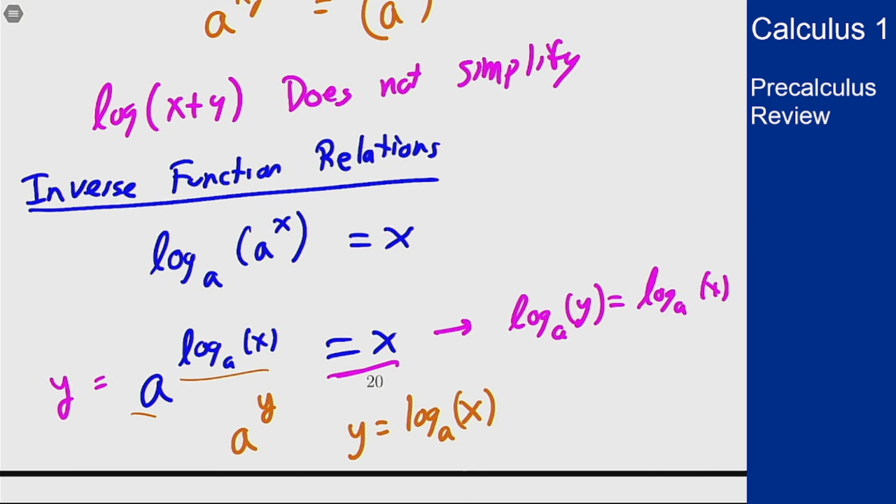Those can be a little trickier to see when they come about, but the main thing to keep in mind is the a's here must match for this to make any sense. If there's anything else going on with the a's or out in front here or inside of here, this relation does not work. It must be just the a's where they sit for this to hold and give you the proper inverse function relations for logs and exponentials.